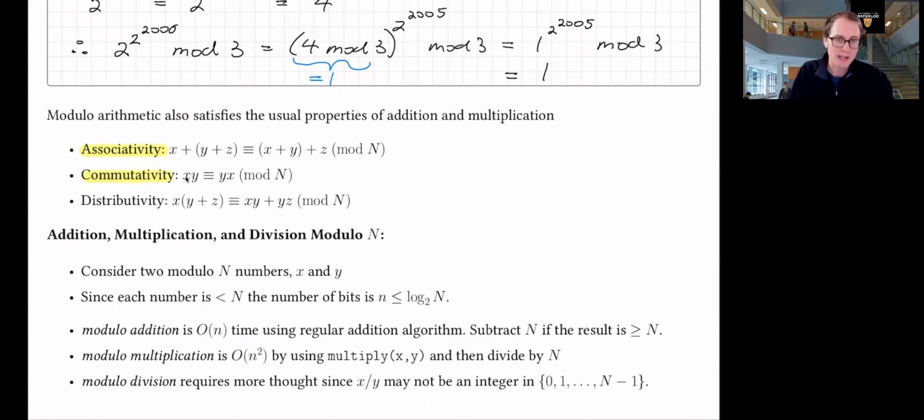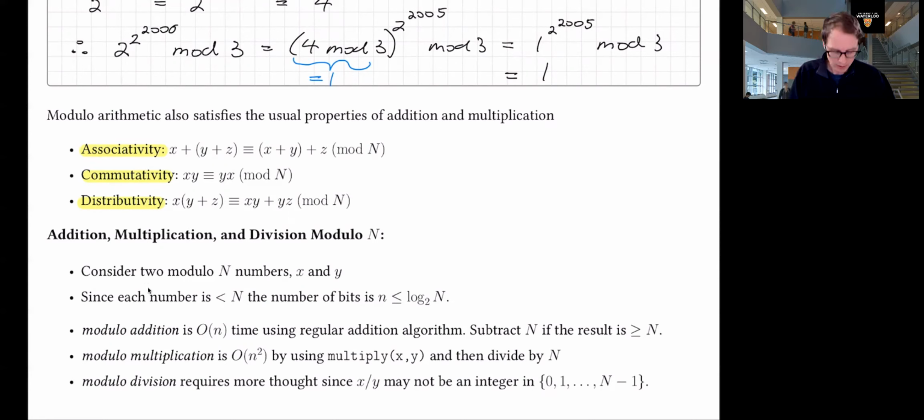Commutativity, which is that x multiplied y is the same as y multiplied x. And distributivity, which is that I can go x multiplying y plus z, and that's equivalent to x multiplying y plus x multiplying z. And the final thing is that I can do addition, multiplication, and division all as modulo n operations.